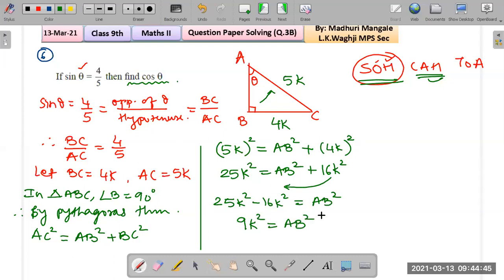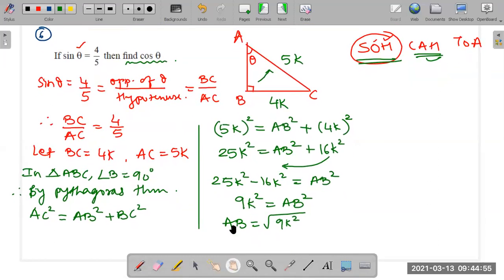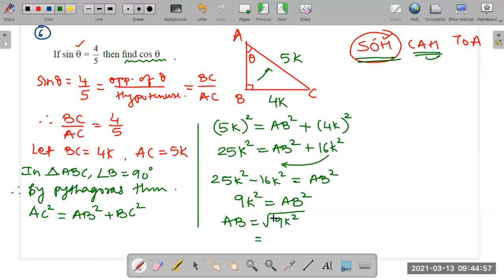And we have to get rid of these squares. So AB is the square root of 9K squared, right? The square root of 9 is 3 and the square root of K squared is K. So that's how we get AB. AB equals 3K.